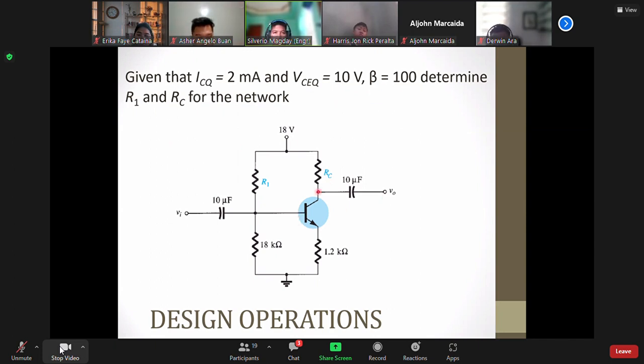So this is for voltage divider bias. How do we solve for your R1 and RC? Voltage divider still. We have a calculation for how to solve your VTH. You can use that, solving now your VB.